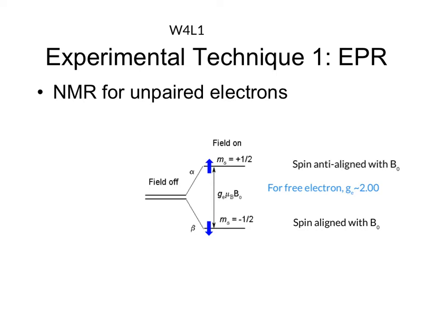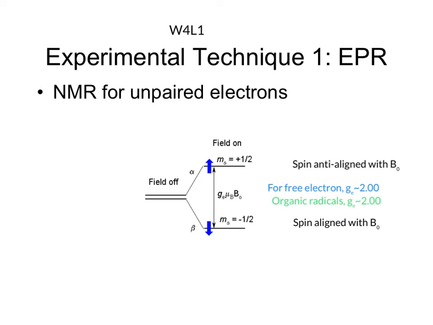But much like chemical shift, this value for g is highly dependent on the chemical environment of the electron. The g factor is the EPR equivalent to chemical shift, the delta in NMR. Organic radicals typically give g values that are close to 2.